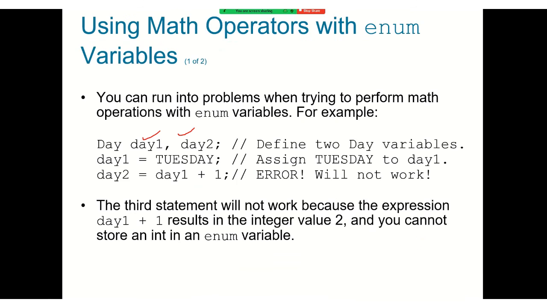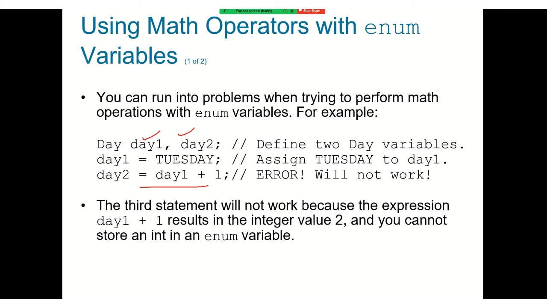So you have day one equals Tuesday, day two equals day one plus one. The third statement will not work because the expression results in the integer value of 2 and you cannot store an integer in an enum variable.